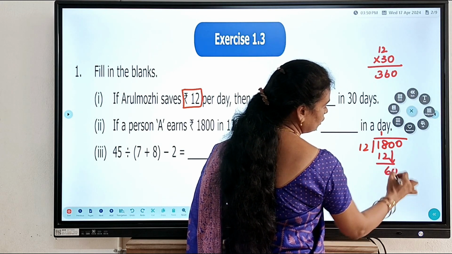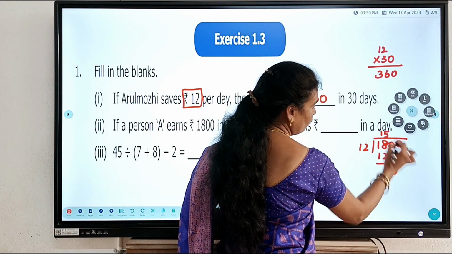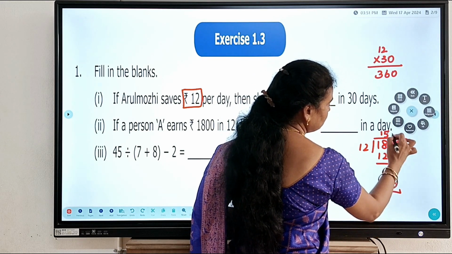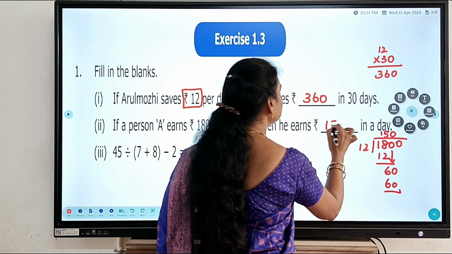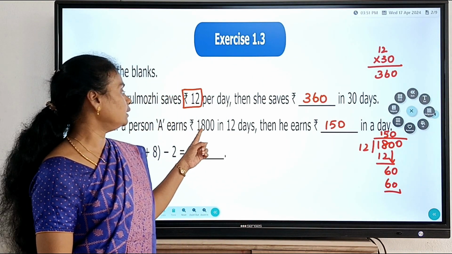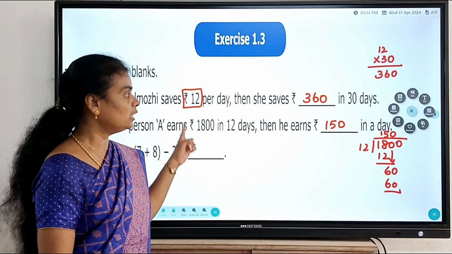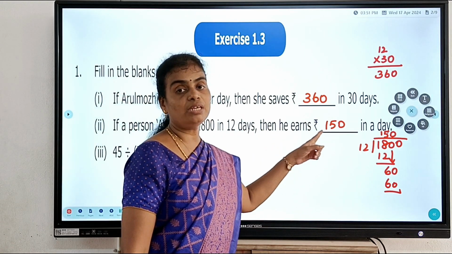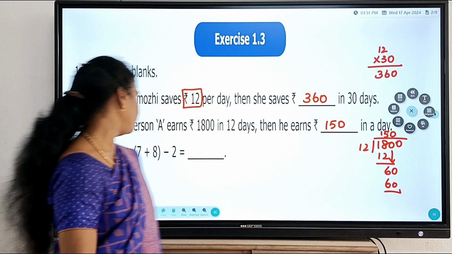When this 0 comes down, it becomes 60. 12 fives are 60 and this 0 here. So the answer is rupees 150. For 12 days, the person is earning 1800 rupees. Therefore, for one day he will earn rupees 150.